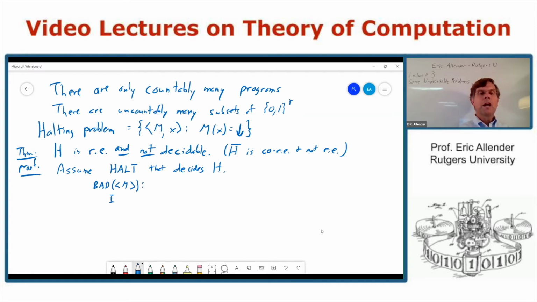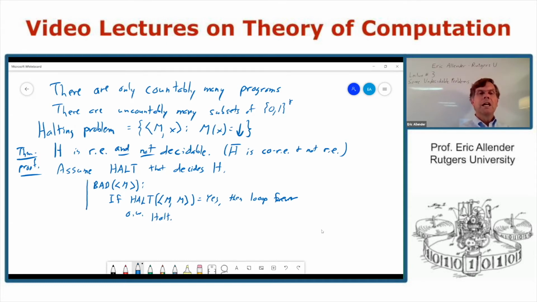It runs program halt. So if halt, that magic subroutine, on input M, M says yes, then this program will loop forever. And otherwise, it will halt.